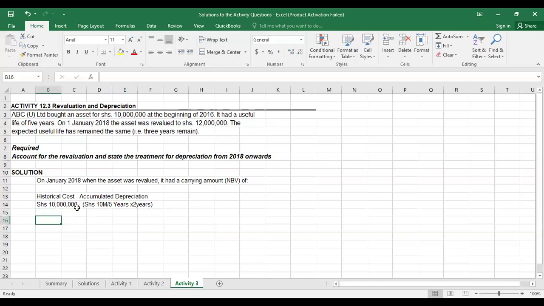Historical cost 10 million minus accumulated depreciation, which is 10 million shillings minus 4 million shillings.